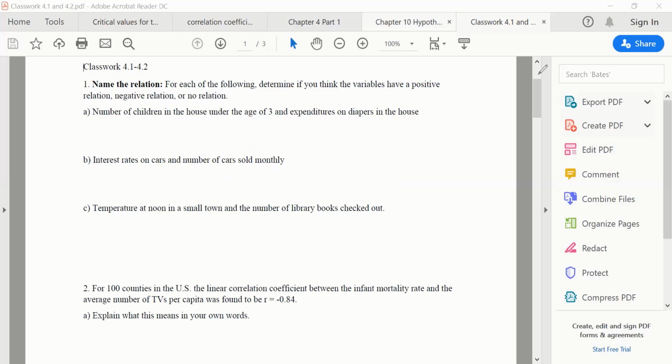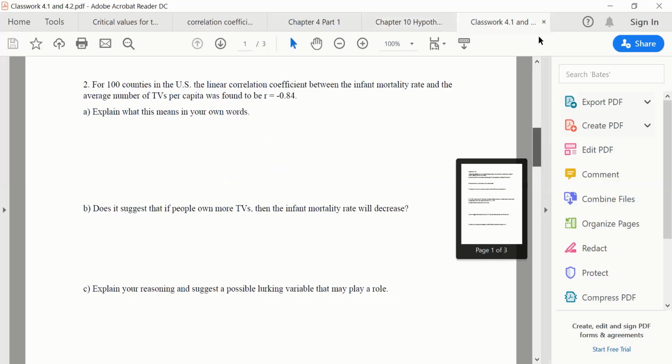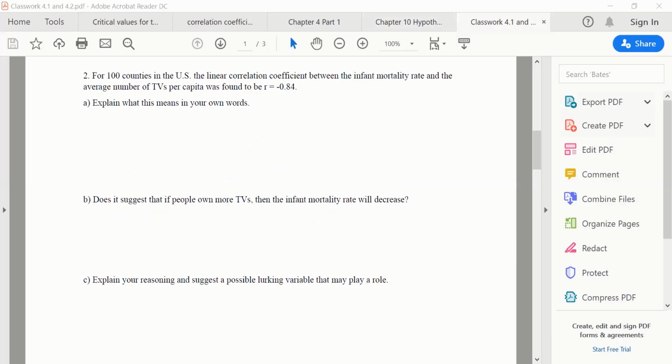Okay, let's look at number 2. For 100 counties in the US, the linear correlation coefficient between the infant mortality rate and the average number of TVs per capita was found to be R equals negative 0.84. So what does this mean?